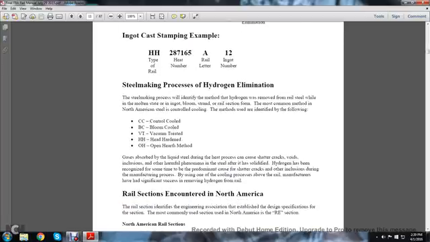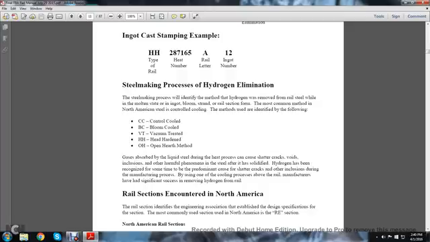Steel processing, hydrogen elimination. The steel making process will identify the method by which hydrogen was removed from the rail steel in the molten state and in the ingot, bloom, strand or rail section form. The most common method in North American steel is controlled cooling. This method is identified by the following: CC for controlled cool, BC bloom cooled, VT vacuum treated, HH head hardened, OH open hearth method.